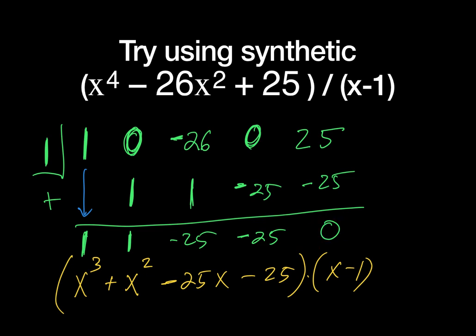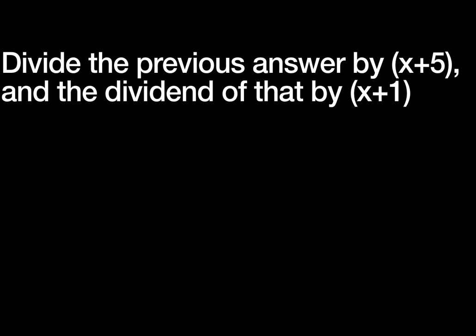The previous answer was x cubed minus 25x squared minus 25x minus. So I'll leave these two up to you. When it says divide the previous answer by x plus 5, that's x cubed plus x squared minus 25x minus 25.